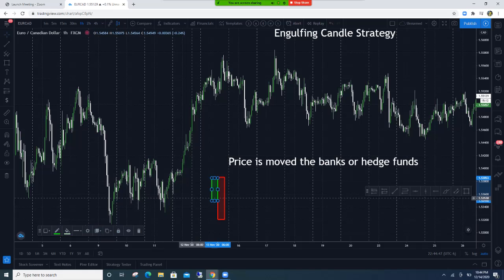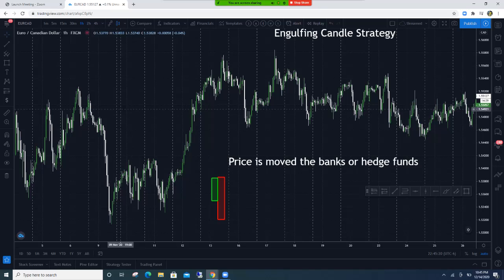So if I have a green candle, for an engulfing candle to form, I must see a red candle, a selling candle, whose body is bigger than the previous candle. You can have little wicks like that, but that's not the main thing. The main thing you're looking at is the body of the candles. If the body of the candle is bigger and larger than the previous candle, that's an engulfing candle.